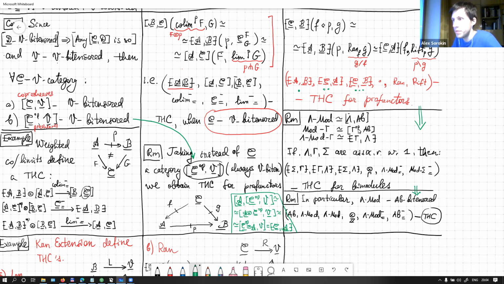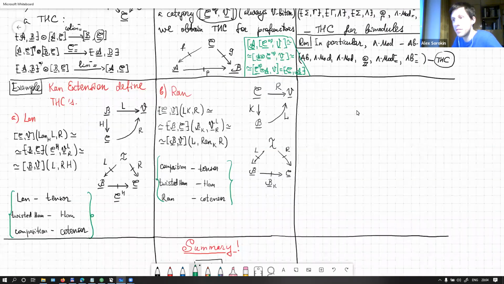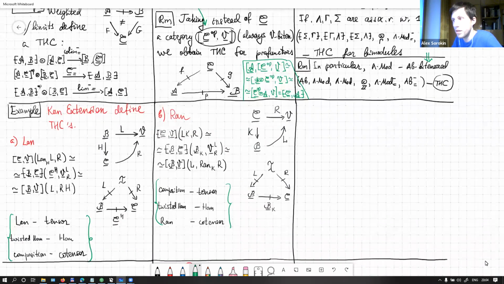The next step is Kan extensions. I picked up not all Kan extensions, but the specific ones. To have all Kan extensions, I need to land not in Cosmos self-enriched category V, but in a random category. I decided not to do this, just to do what I have right now.